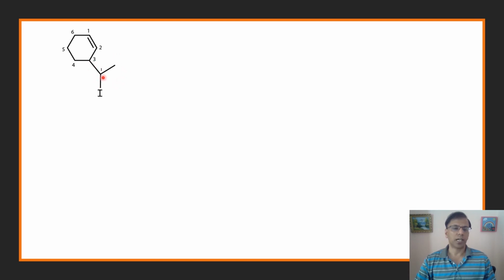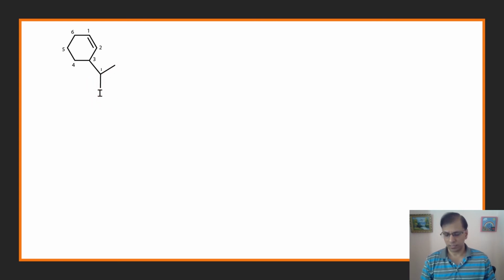Also, the carbon atom that is attached to the parent ring is numbered 1 right here, and so the iodo on the substituent ethyl is a substituent.